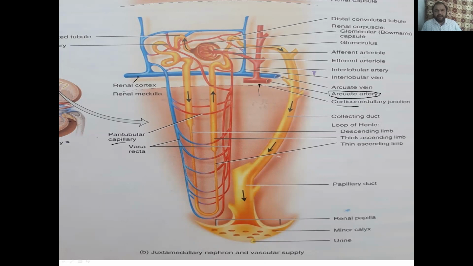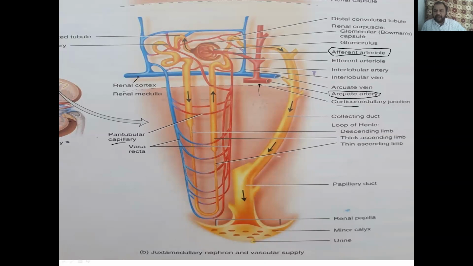For example, this one branch is sent to this nephron, another branch may be passing to another nephron, and so on. So you can see here the arcuate artery sending its branch to the nephron, and at this junction, when it is entering inside the Bowman capsule, it is called the afferent arteriole. It is the entry point.